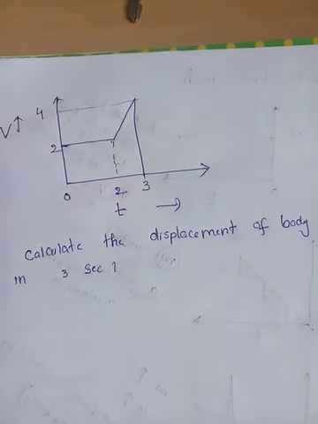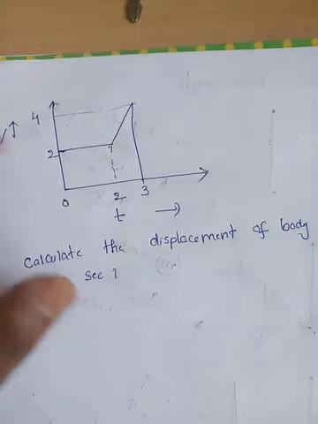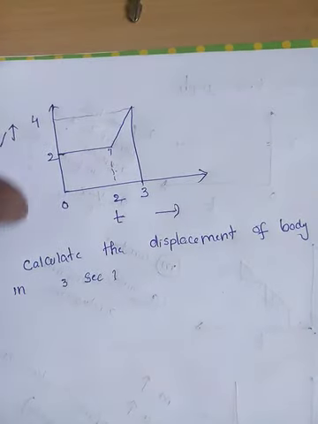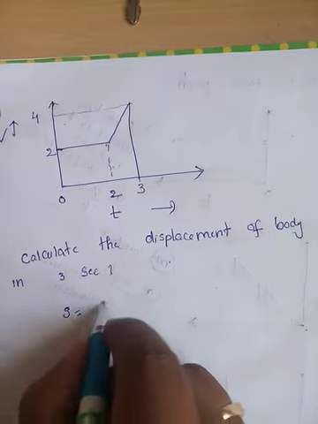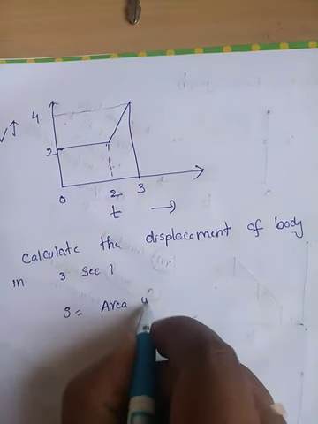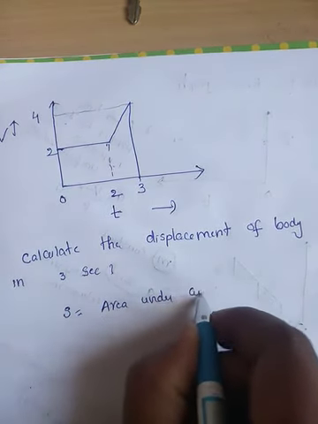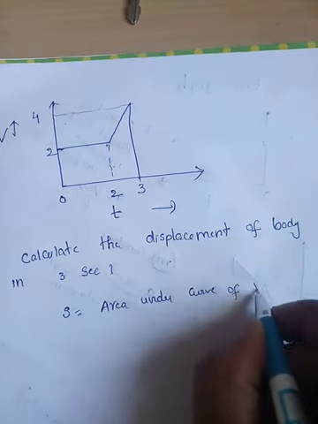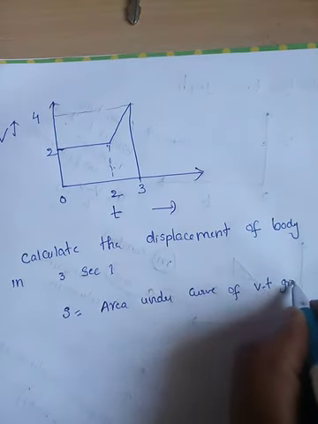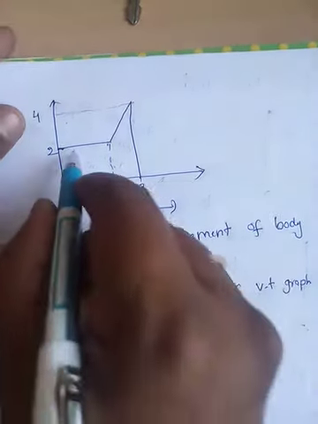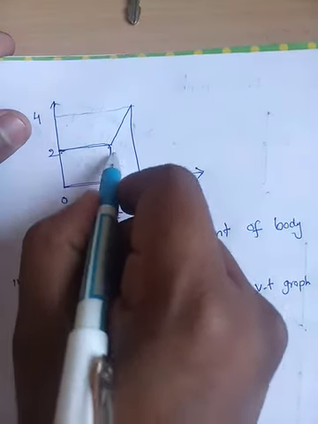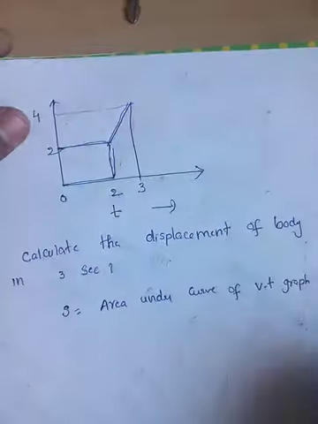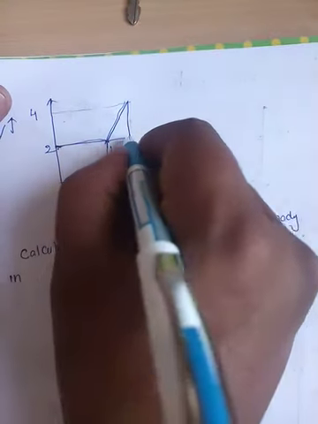Here we have a velocity time graph. How to calculate displacement? The area under this curve gives displacement. So S is equal to the area under the curve of the VT graph. What area does it have? It has rectangles and a trapezium.